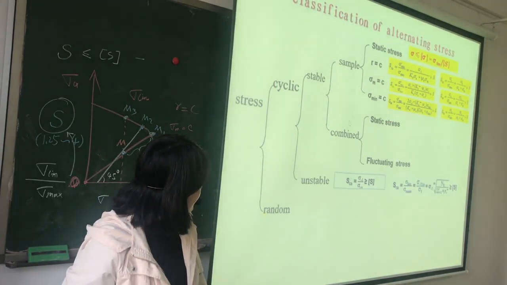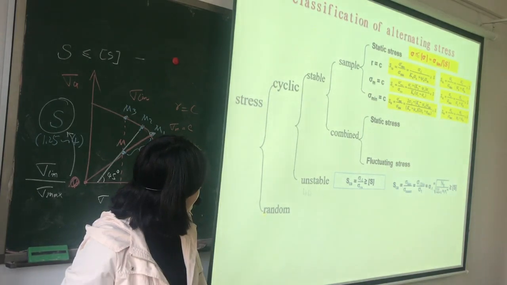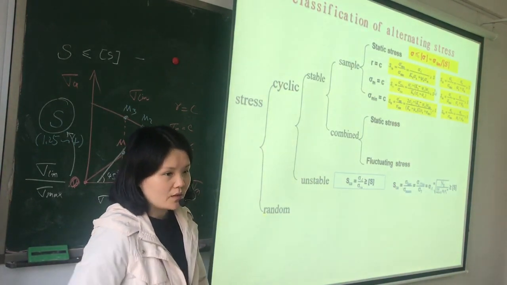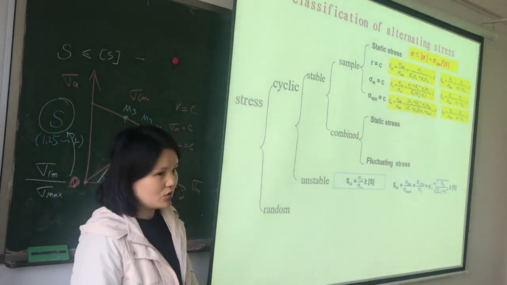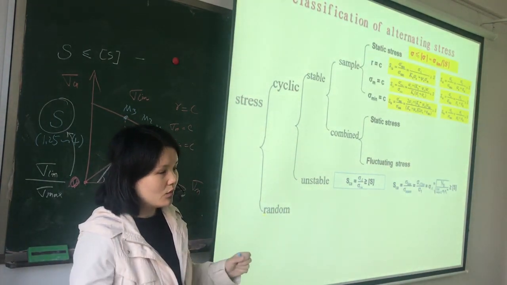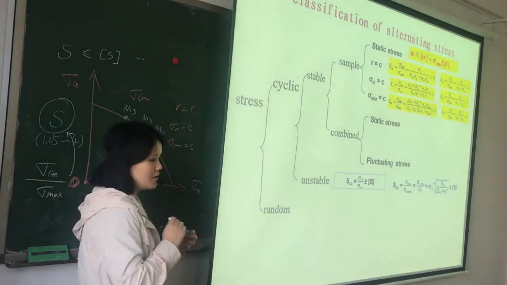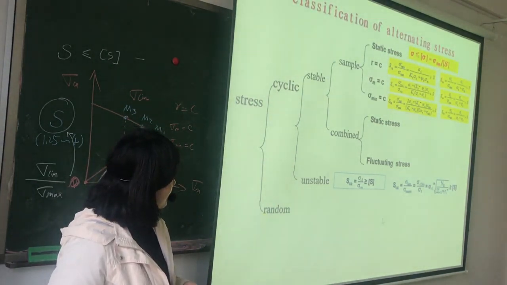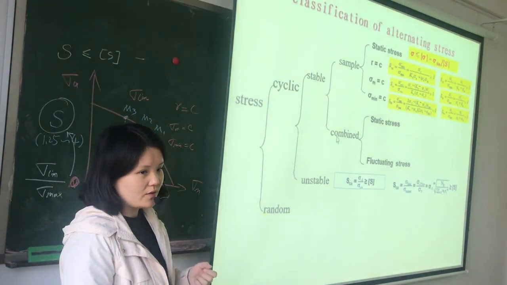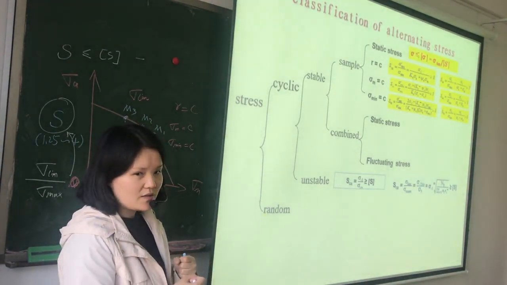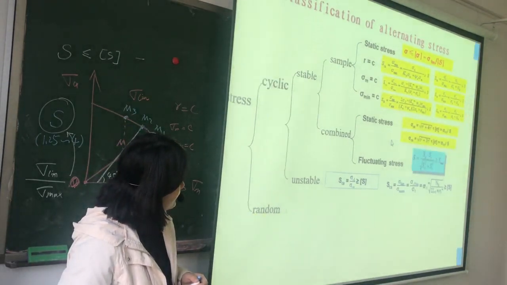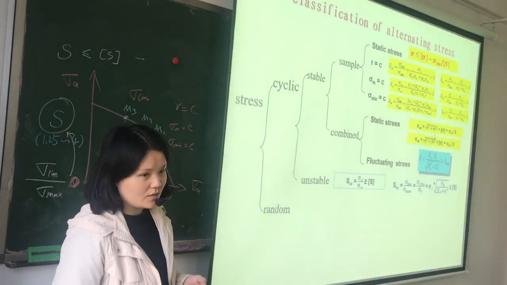This is the condition for static stress and fluctuating stress and unstable fluctuating stress, and this is for uniaxial stress, where the element is subject to a tension or to a shear stress. But for combined stress, if the element is subject to a tension and a shear stress, we use these equations.